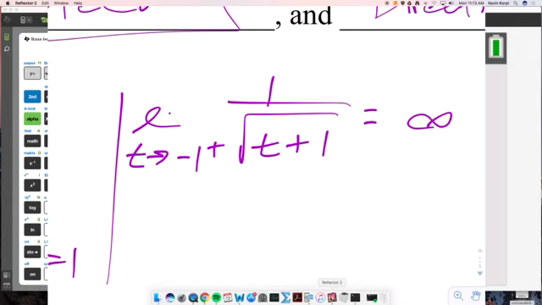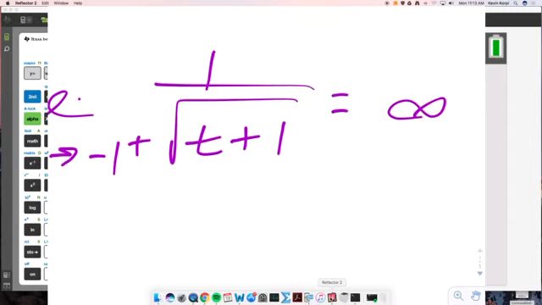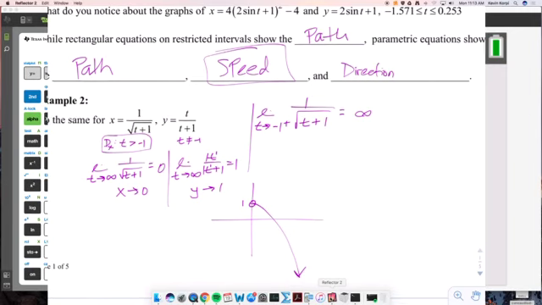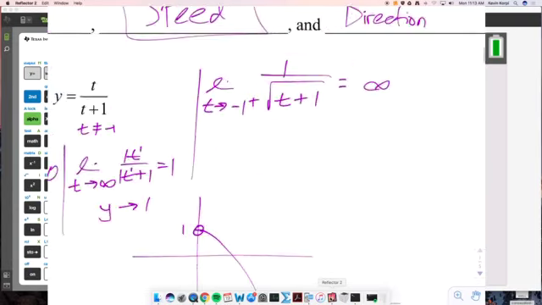What type was it? When you plug in -1 from the right, you're going to have the square root of a positive number. It's positive over positive, so it's positive infinity. So that means the x is going to positive infinity. That means the graph is going out to the right. We're graphing it from right to left, but in this sense, the graph is going out forever to the right.